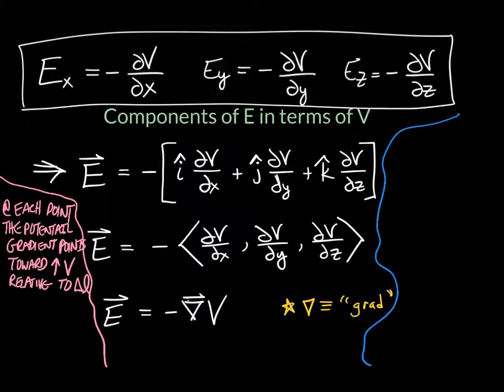Another thing to section off. The direction of E is towards decreasing potential.